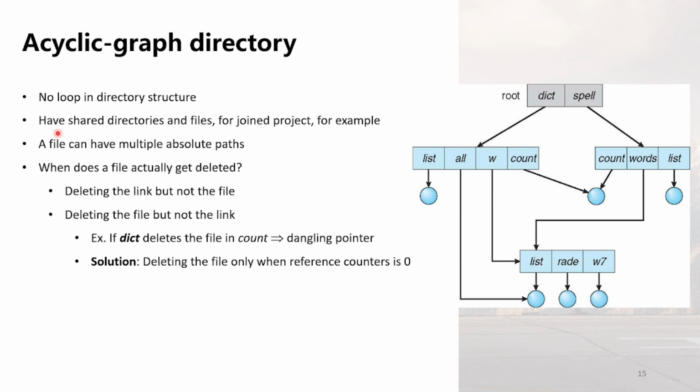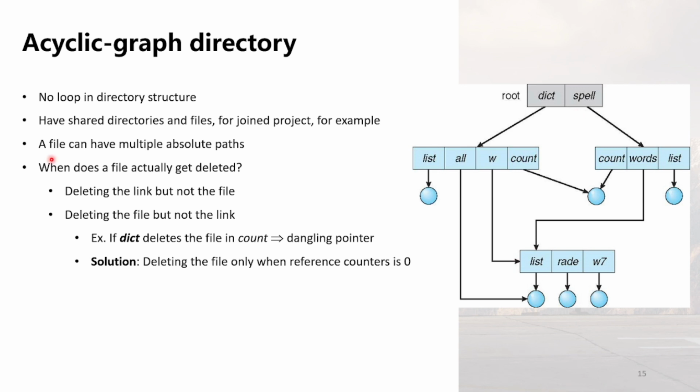One of the key features here is the ability to have shared directories and files. This is incredibly useful for cooperative projects where multiple access points to the same file are necessary. For example, the count directory here is shared between DICT and spell.